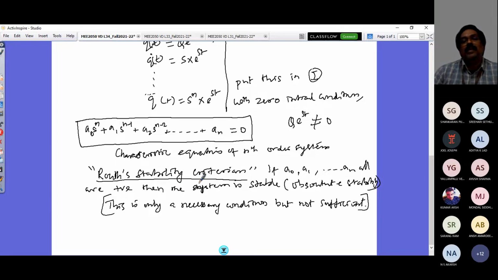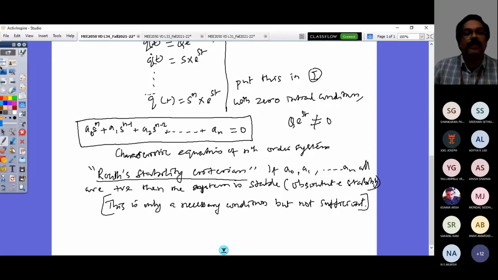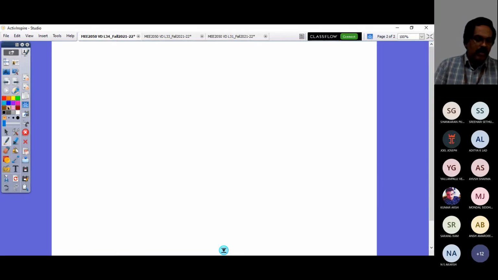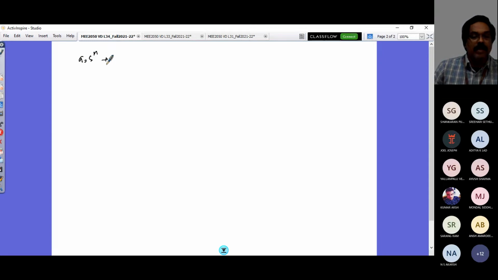This criterion says the following. I am going to explain the steps once you have your characteristic polynomial with these coefficients. So let's look at those steps. The first step: you have this characteristic polynomial a0 s^n plus a1 s^(n-1) plus a2 s^(n-2) plus ... a(n-1) s plus an equal to 0.